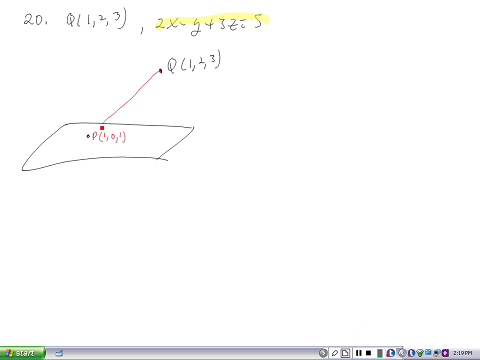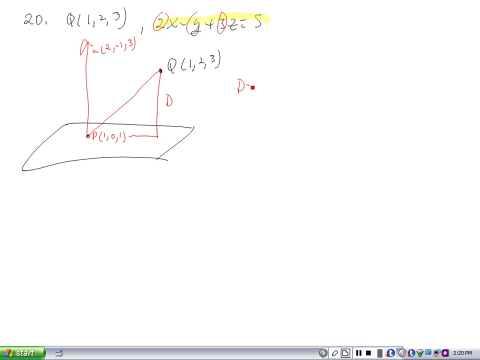So the distance between P and Q, the line segment, but I'm looking for the perpendicular. That's the distance. I shoot up here the normal vector. The normal vector n is 2, negative 1, and 3. This comes right from the A, B, and C terms of the plane.